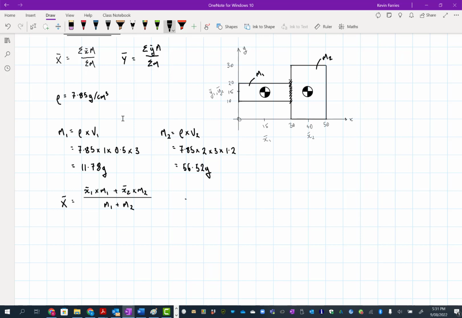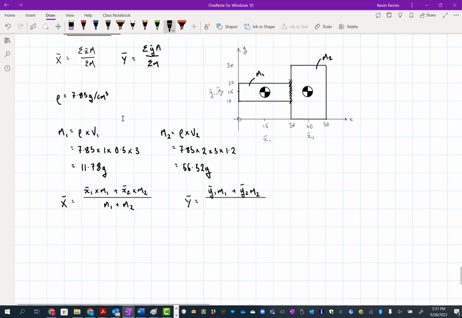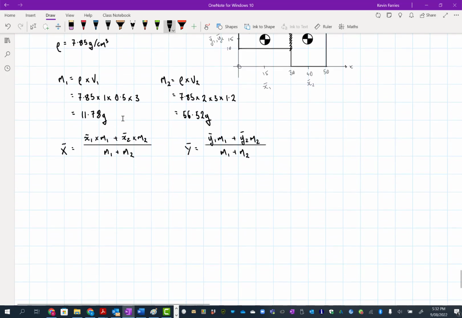And then your centroid in the y direction is just going to be equal to the centroid of each shape times its mass, and then divide it all by the sum of the masses again. Okay, so I'll just substitute those values in, and then we should get an answer.